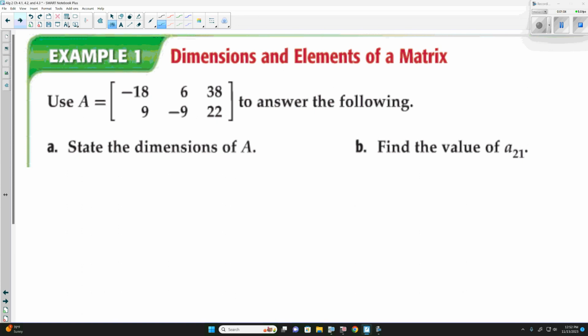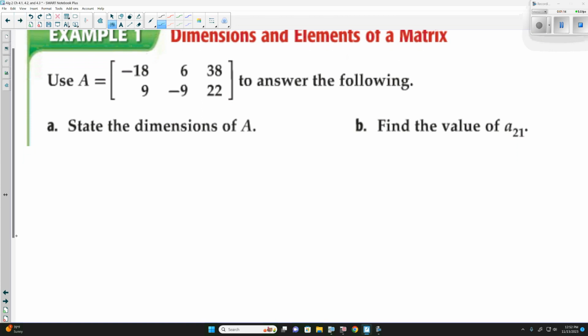So if we look at this first matrix here, A, which is -18, 6, 38, 9, -9, 22, what would the dimensions of this matrix be? 2 by 3, because rows, then columns. Down, so it's 1, 2, 3.